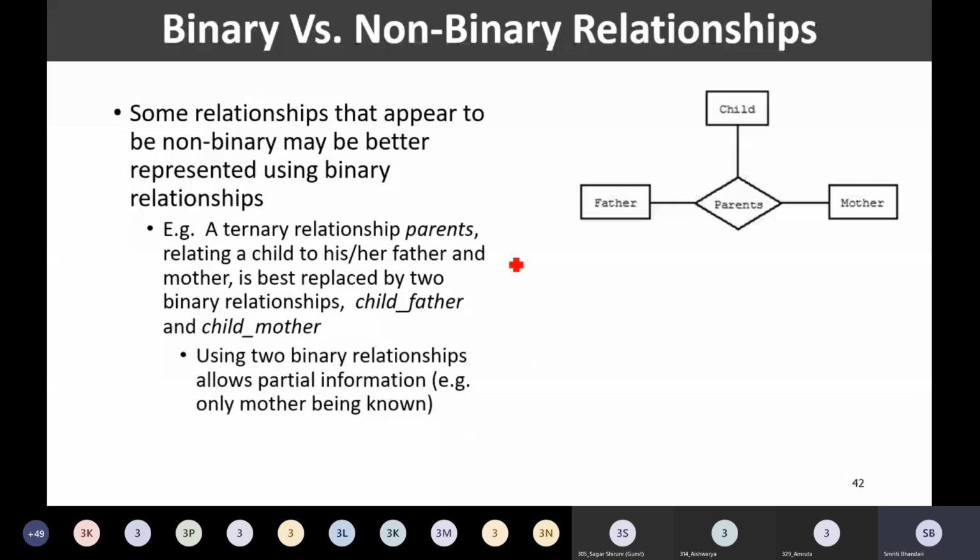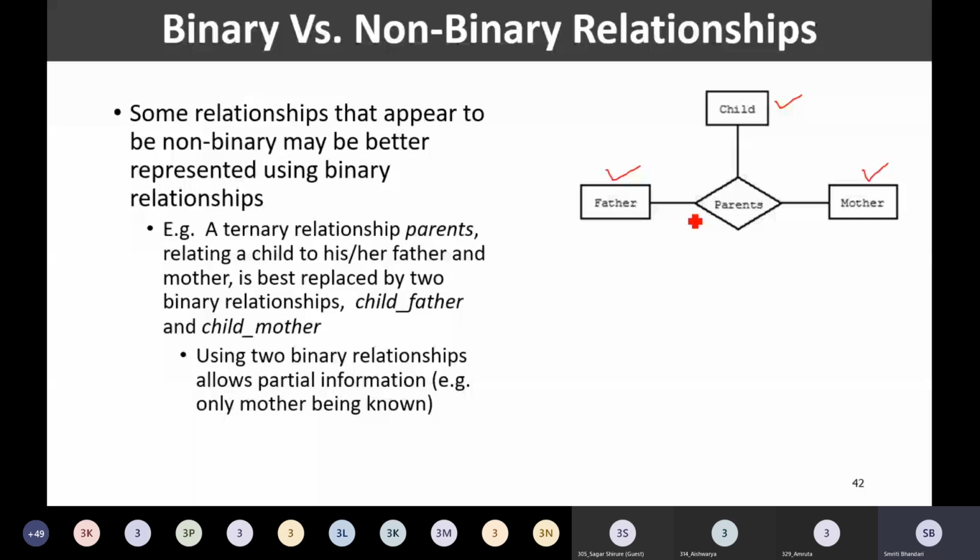We are having a ternary relationship parent. So which are the entity sets participating in this relationship parent? We are having child, father and mother. These three entity sets are participating in this relationship set parent.